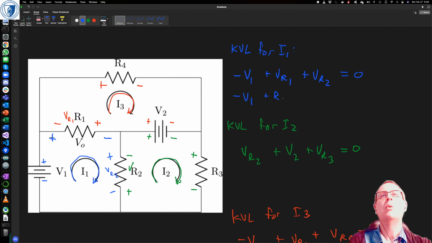Right, so R1 times I1 minus I3. And VR2 is going to be R2 times I1 minus I2. And then that whole thing equals 0.